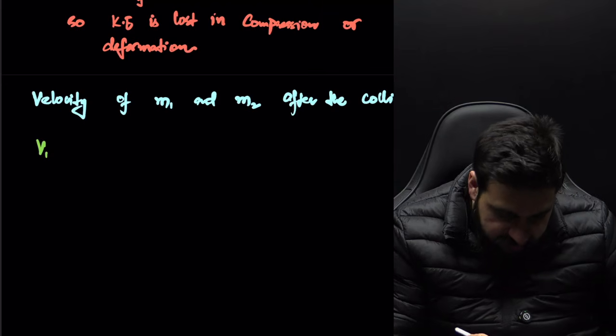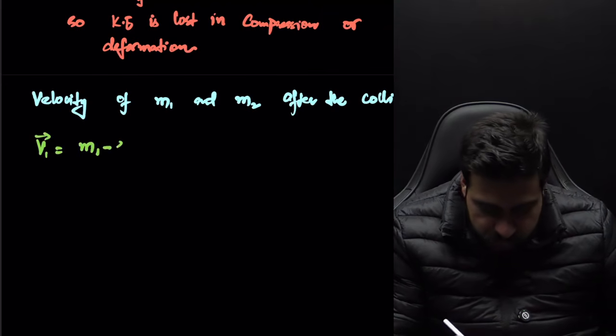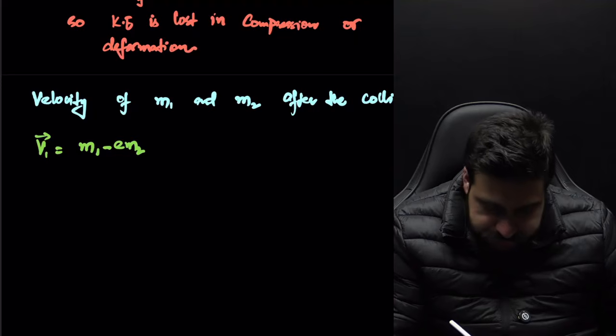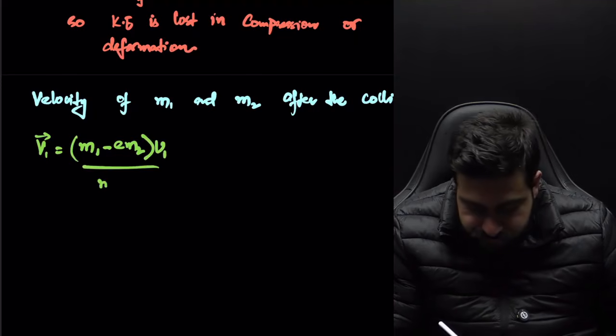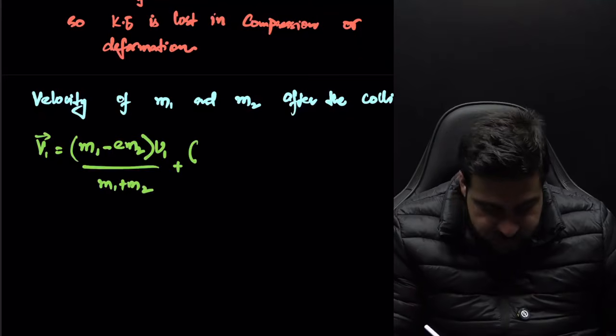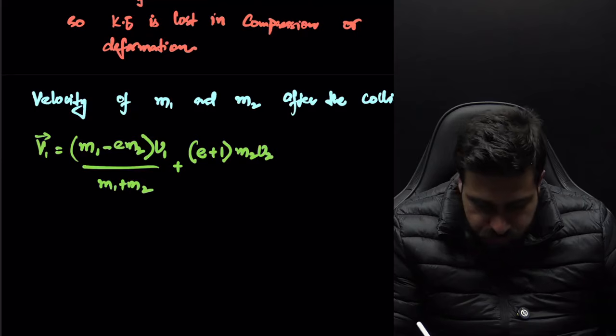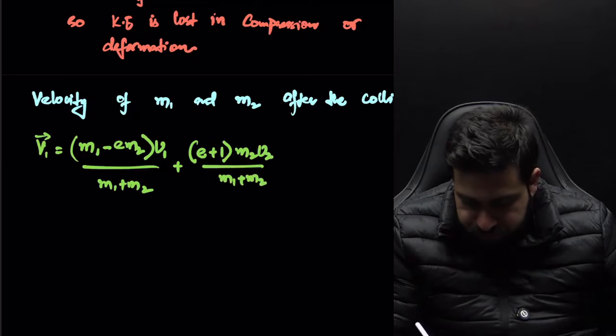V1 will be (m1 minus E times m2) into u1 upon (m1 plus m2), plus (E plus 1) into m2 u2 upon (m1 plus m2).